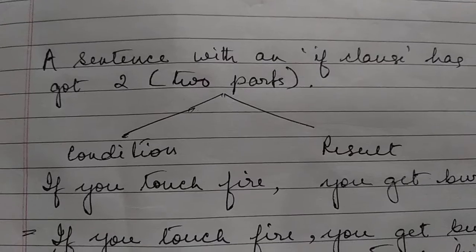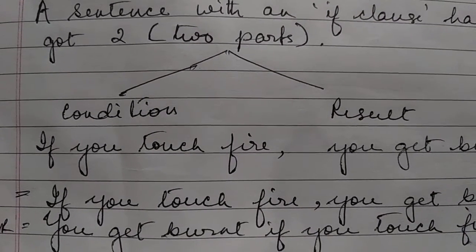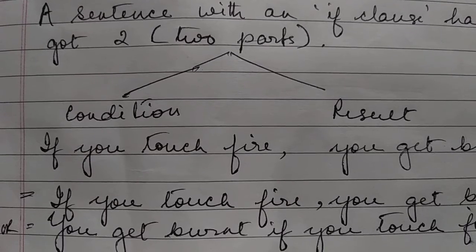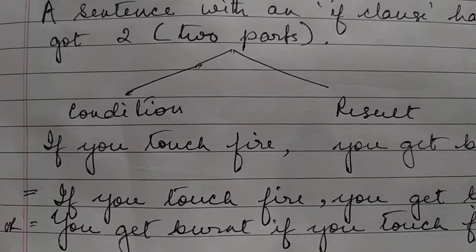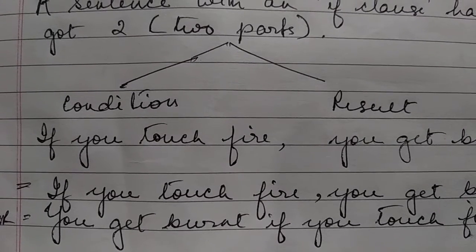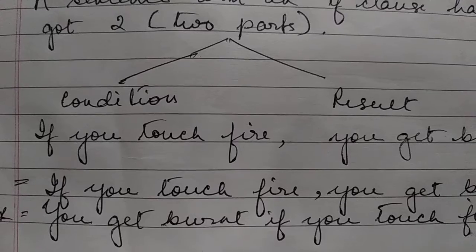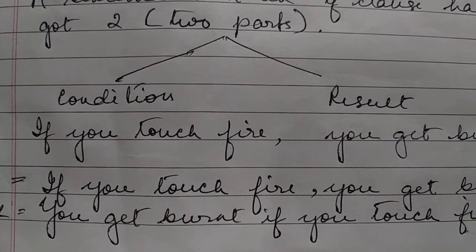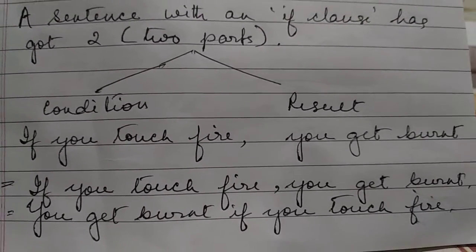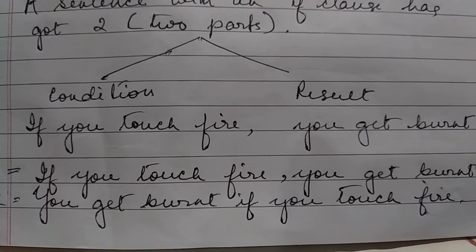A sentence with an if clause has two parts. The first part is the condition. The second part is the result. The first part of the sentence with if gives you the condition, the result of which is to be found in the second part of the sentence.